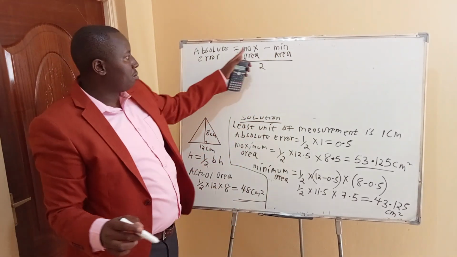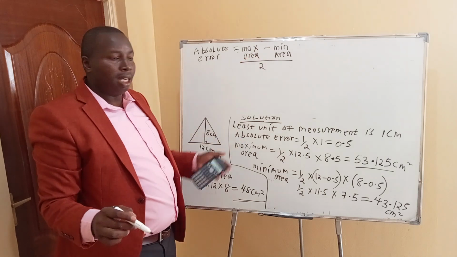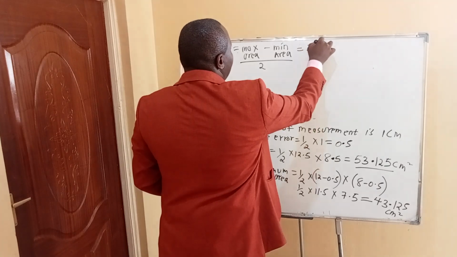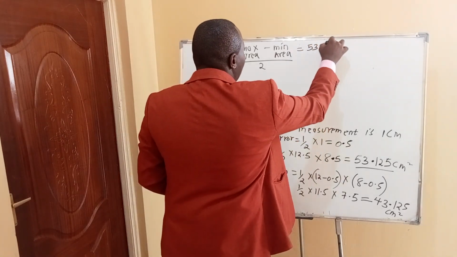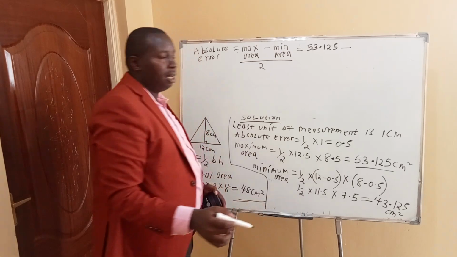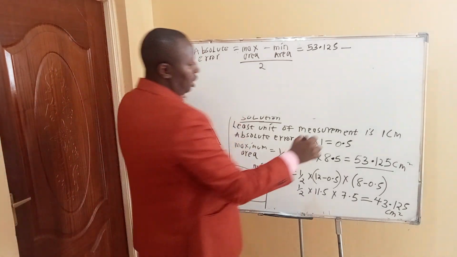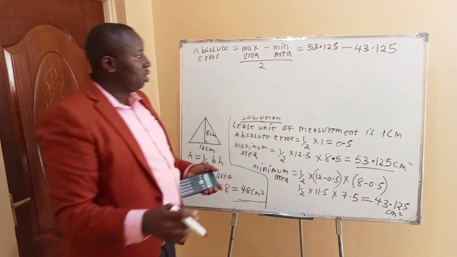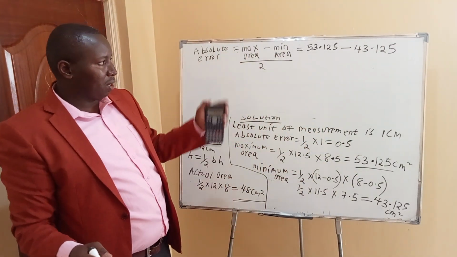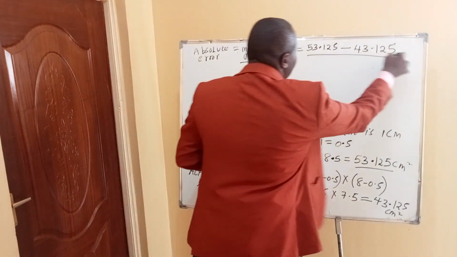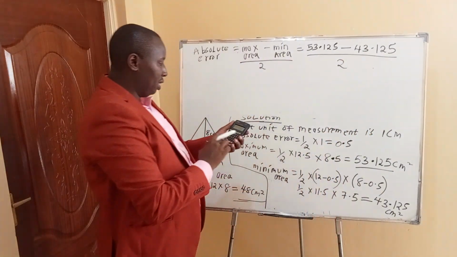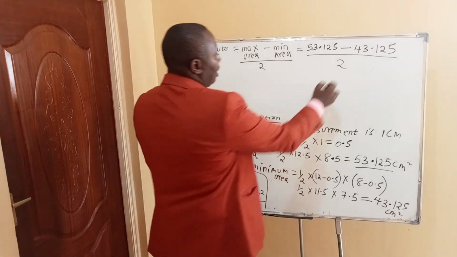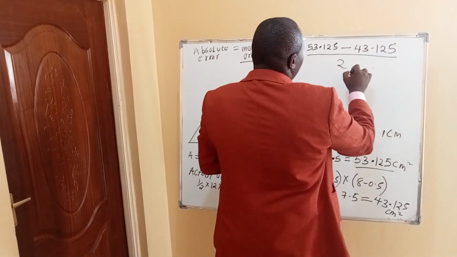Our maximum is 53.125 centimeters squared and our minimum is 43.125. So 53.125 minus 43.125 is 10. 10 over 2 is 5.